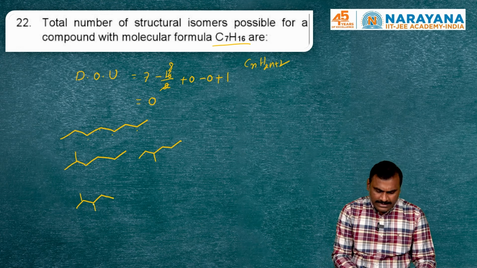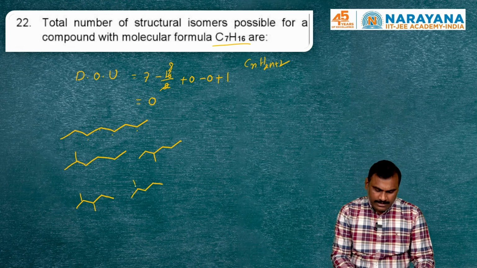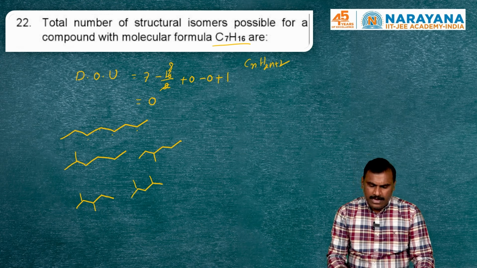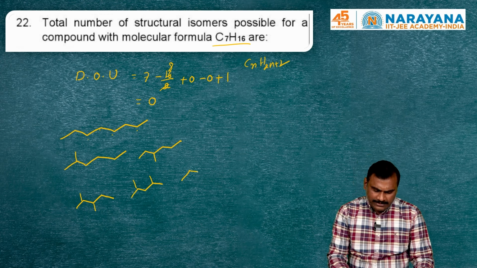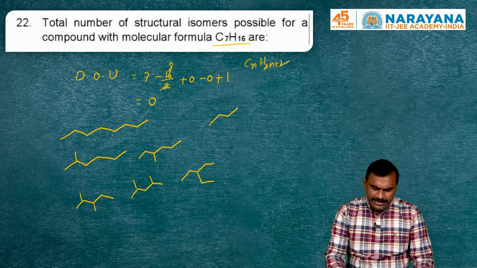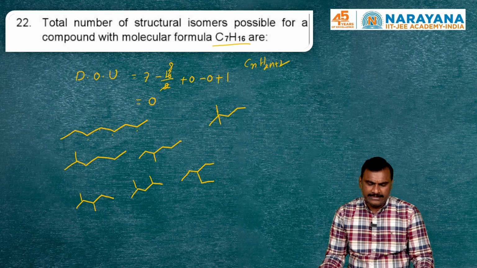I want to place one adjacent together, at the 2, 3 position like this. And you can write this as ethyl. And you can write the 2 methyls like this.